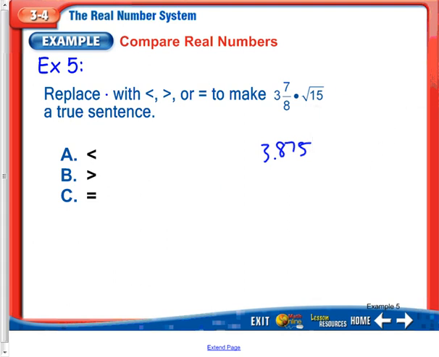So that's about 3.873. Either way, I know that the 3.875 is bigger, so this symbol would be greater than. B would be the correct choice, because 3 7/8 is greater than the square root of 15.